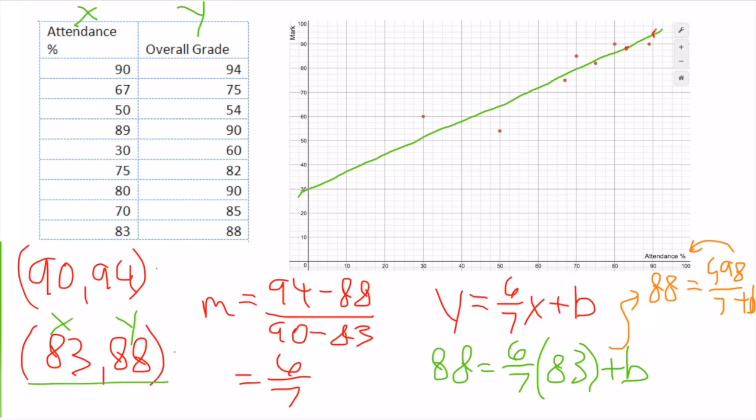And move this over to the other side. So common denominator, minus 498 over 7 equals b. So I'll be left with 118 over 7 equals b.